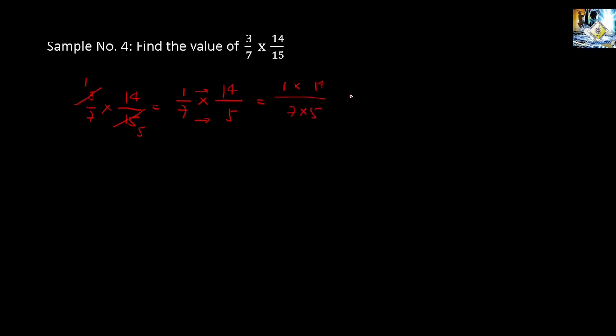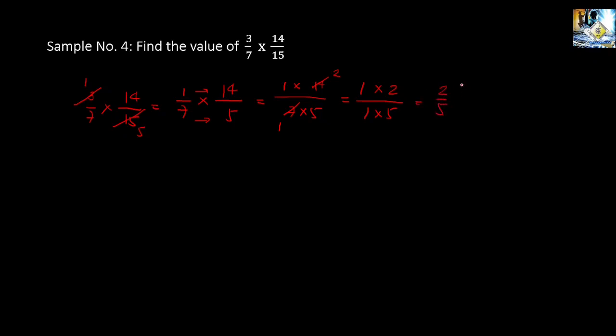So what will happen? Dividing the numerator and denominator by 7, it will give us, okay, so if we cancel out 14, it will become number 2 and this will be 1. Okay, so the resulting will be 1 times 2, the remaining, and 1 times 5 will become 2/5.